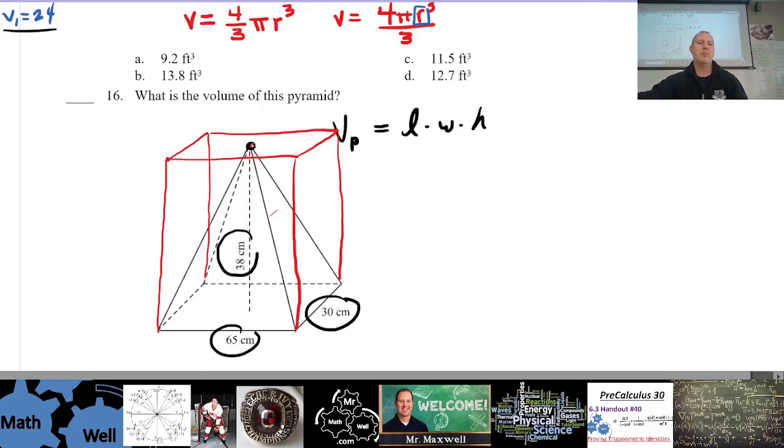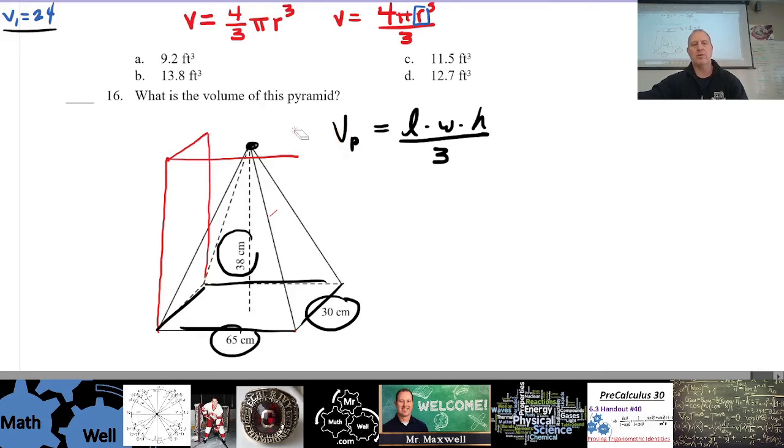And the pyramid, because of its shape, has the exact same base, but it comes to a point in the middle, so the pyramid is a smaller volume, and it's always smaller by 1/3. It's exactly 1/3 of the volume of the larger prism. So that's why the volume of a pyramid is always length times width times height divided by 3. So whoever said that is perfectly right. It's always 1/3. Okay.